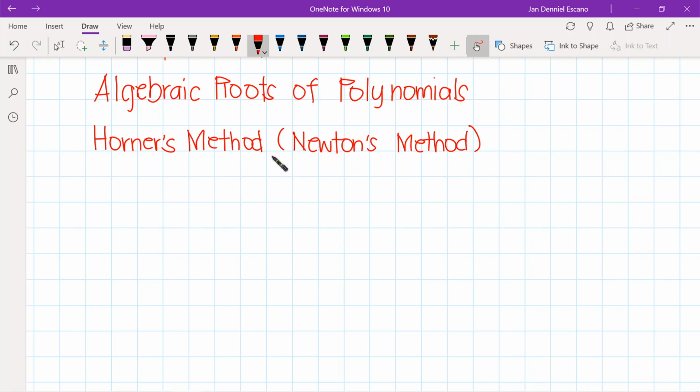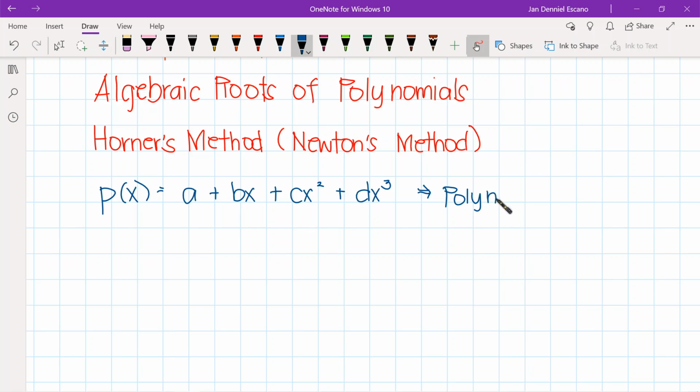So in solving for algebraic roots of polynomials, say we have a polynomial p of x is equal to a plus bx plus cx squared plus dx cubed. This is an example of a polynomial. Okay? So in algebra, we have different types of solutions.